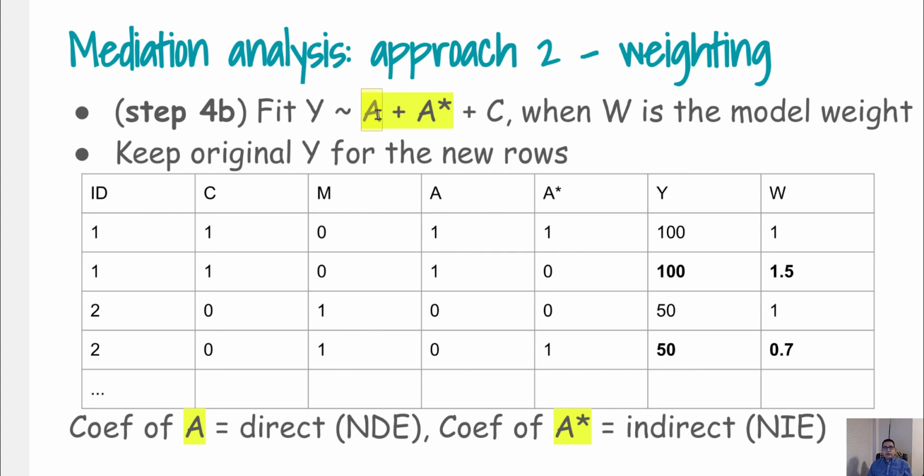Whatever coefficient is associated with A is the direct effect. Whatever coefficient is associated with A star is the indirect effect. So I have just explained two different ways to do the mediation model. The first one was the imputation model, and the second one was the weighting model.